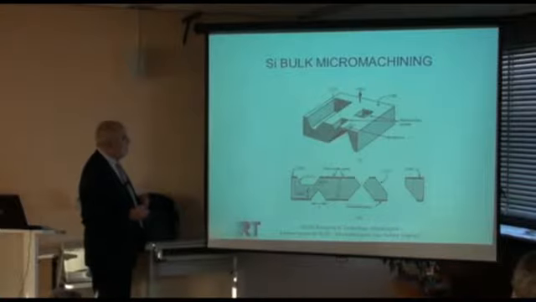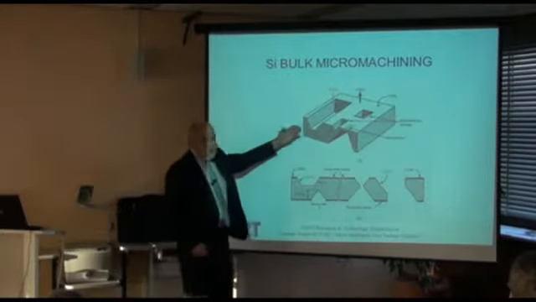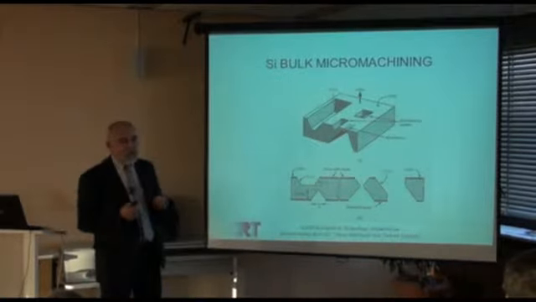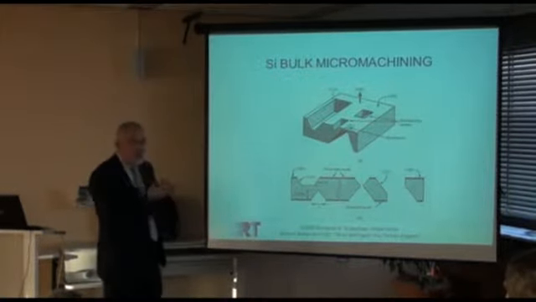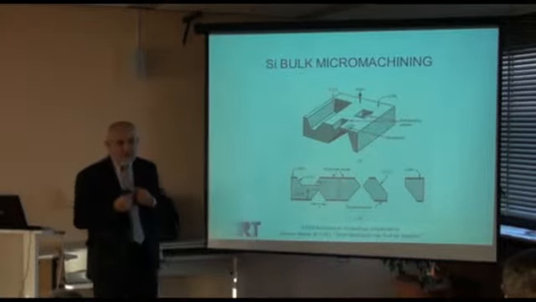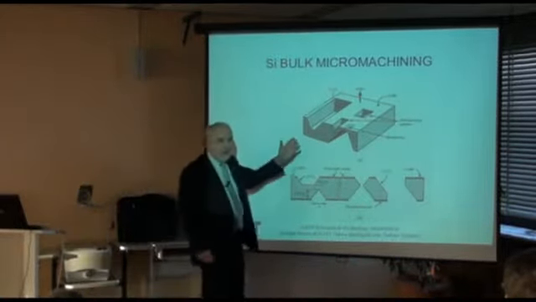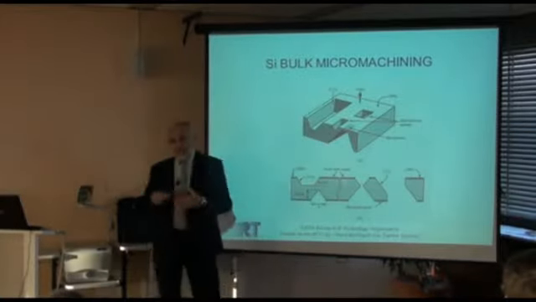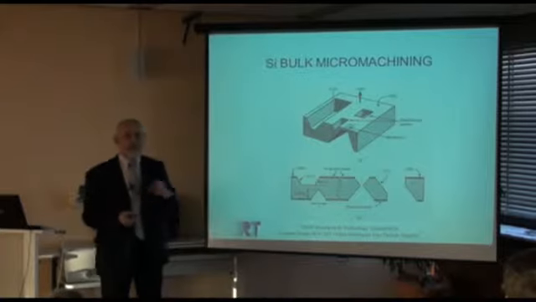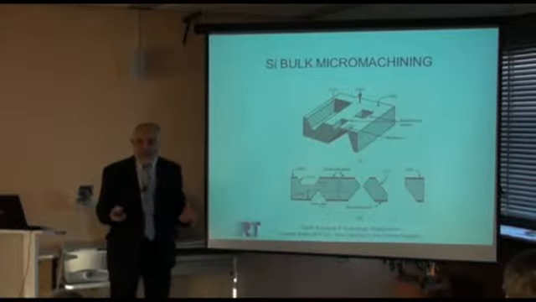The point is that there are certain chemicals, hydroxides mostly, that remove silicon selectively. We call it anisotropic etching because the etching goes at different speeds in different directions. And this speed is not 1.5 times, it's 400 times higher.